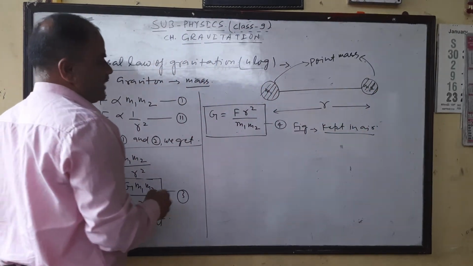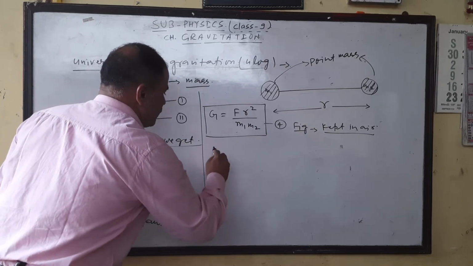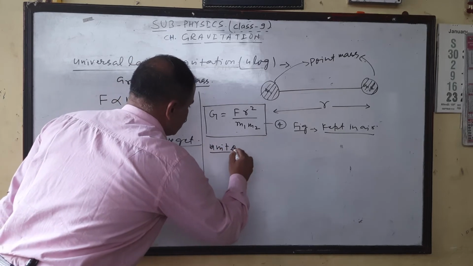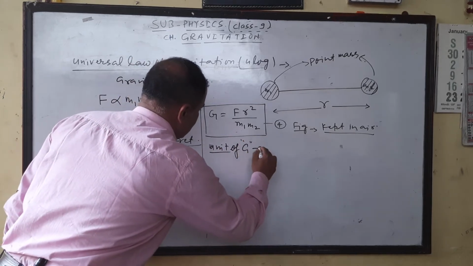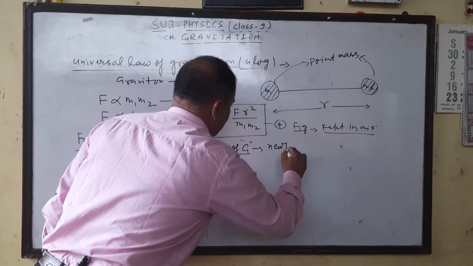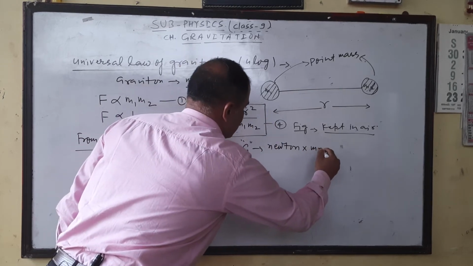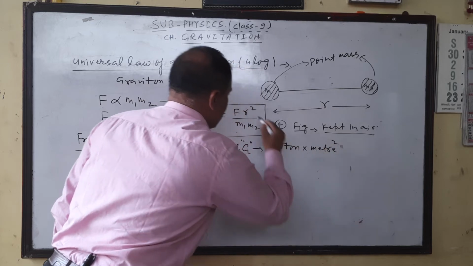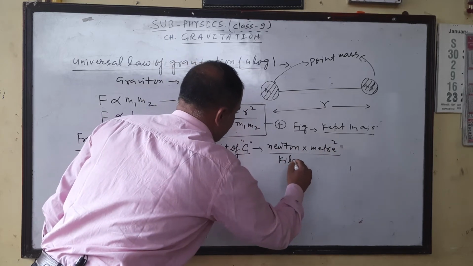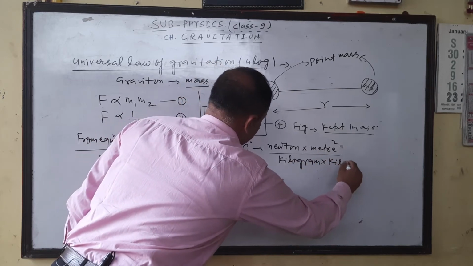As far as the unit is concerned, the unit of G: force is in Newton, r is the distance, so meter square, and mass is measured in kg, so kilogram into kilogram.